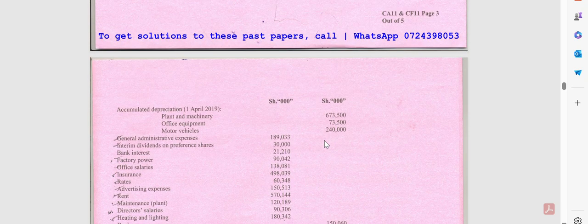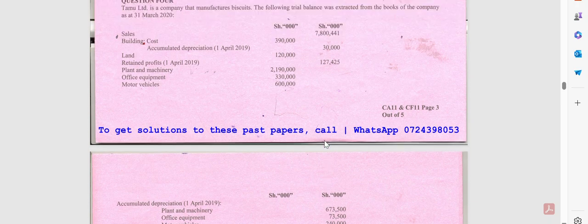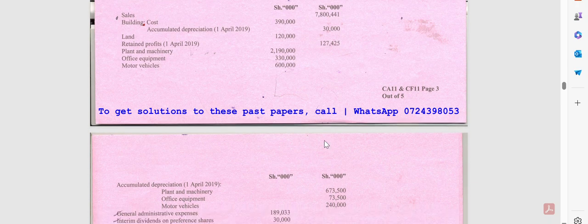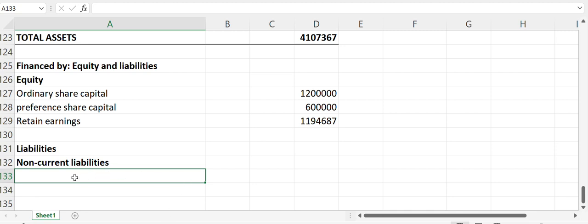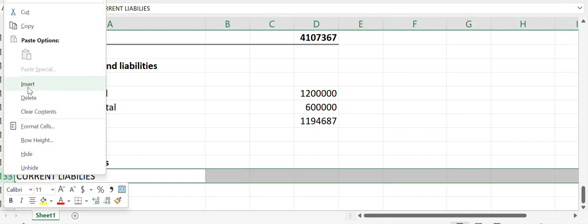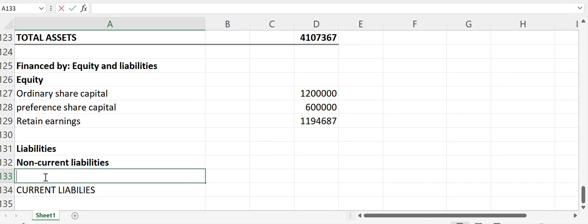We don't have debentures, we don't have long-term loans. So we don't have. We proceed to current liabilities. Maybe I can put here that there was none.